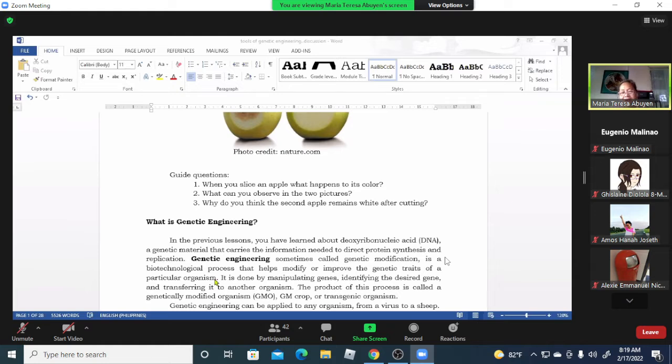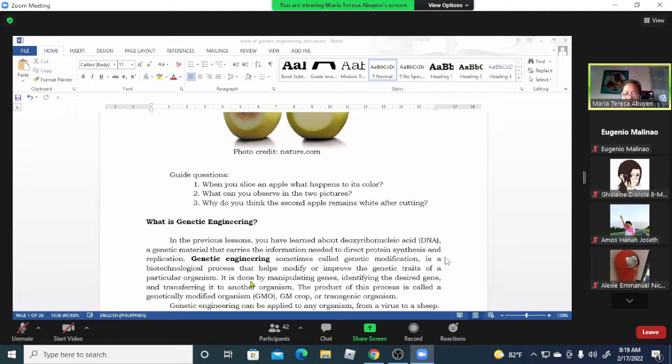So this is the main highlight of genetic engineering. The main objective of genetic engineering is to modify or improve the genetic traits of a particular organism. Again, this is the highlight.